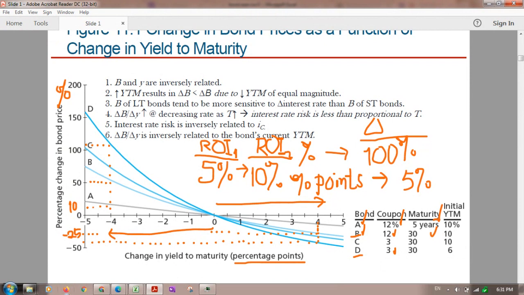A flatter slope means shorter duration. And you would definitely prefer a bond with shorter duration, because you recover all your initial investment early on, right? If the duration is short, you recover it early on.